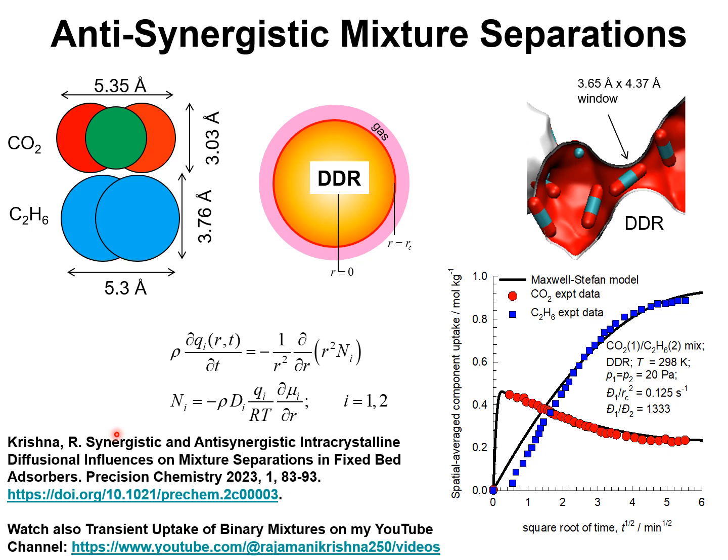For a feed mixture, say 50-50 CO2 C2H6, we would like to recover purified C2H6 in the adsorption phase. In other words, we would like the pores to selectively take up the more mobile component. So we need to achieve or realize kinetic separations.